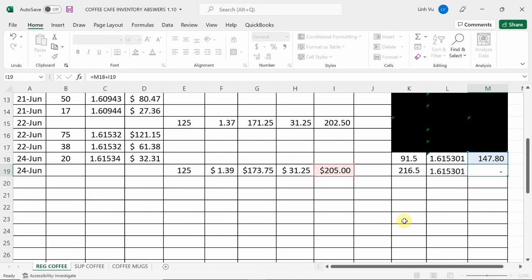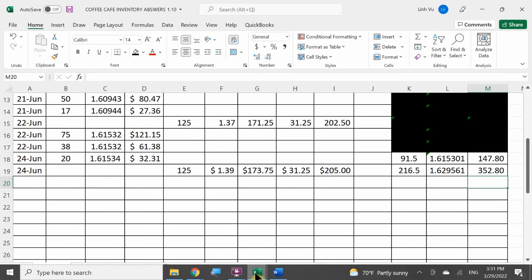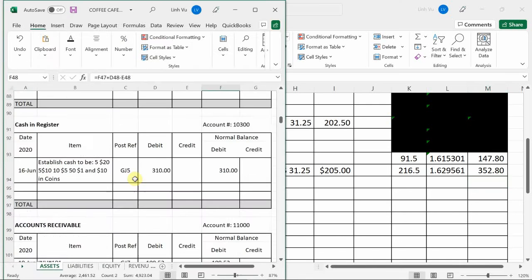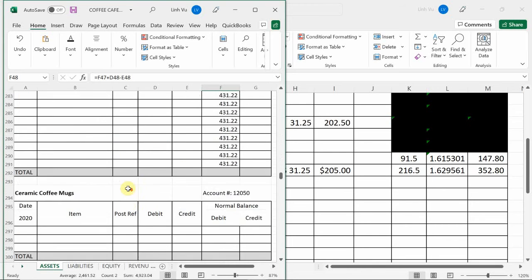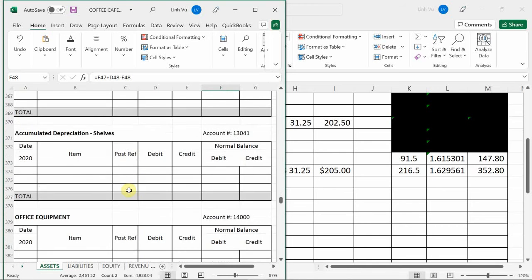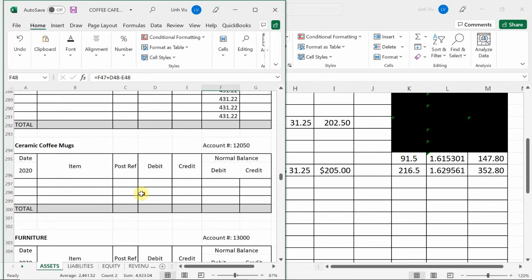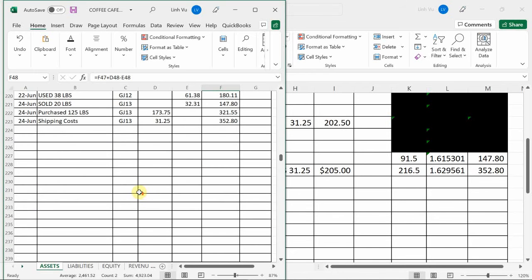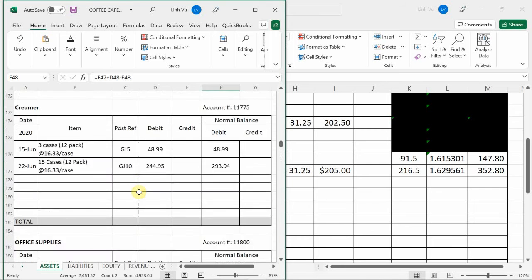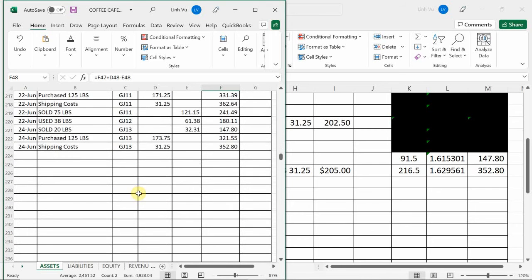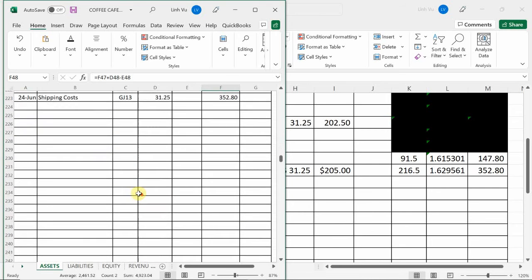35280, which I believe does match my ledger. Let's see. Yeah, 35280.